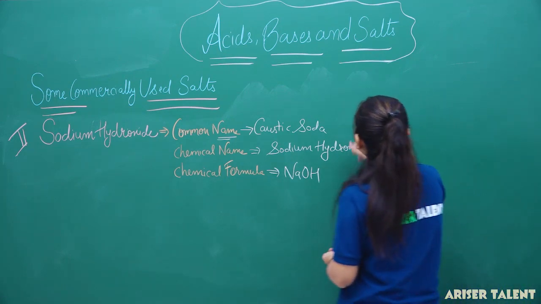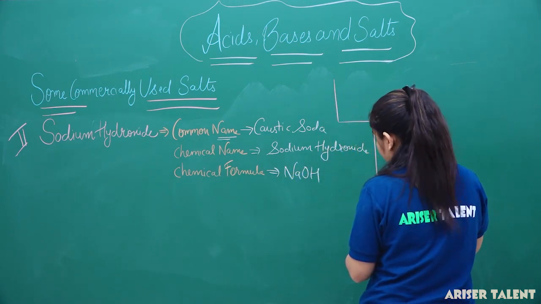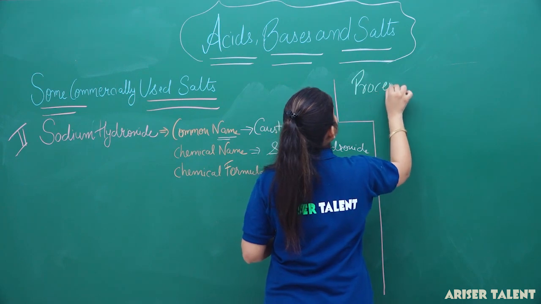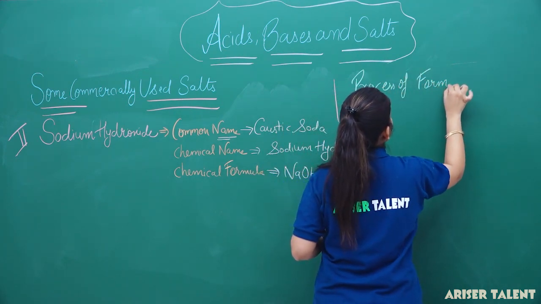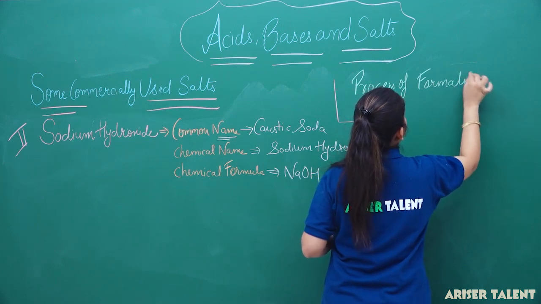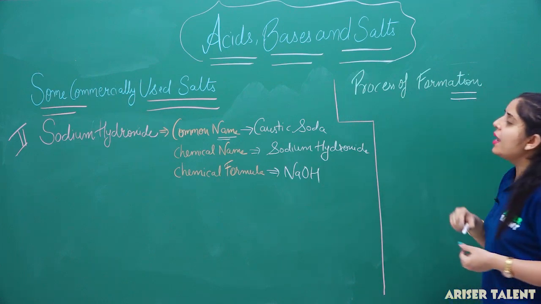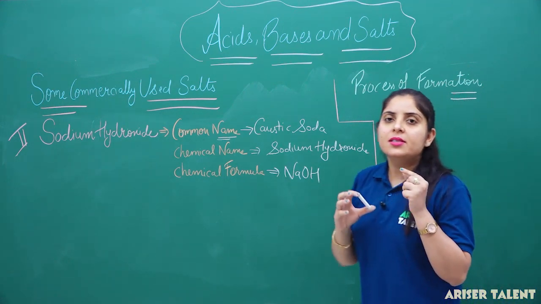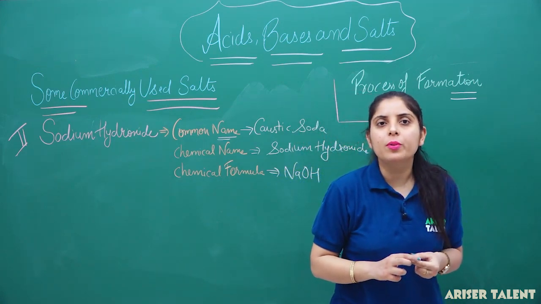Now we will deal with its process of formation. In the process of the formation of NaOH, when amalgam reacts with the water, sodium hydroxide is produced.